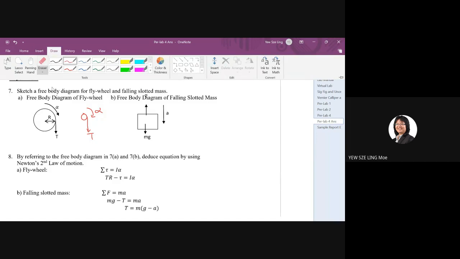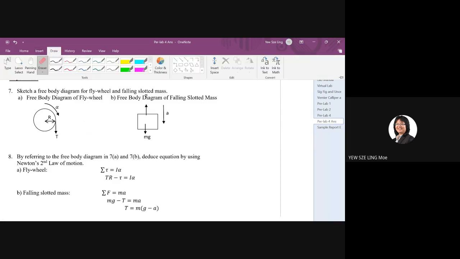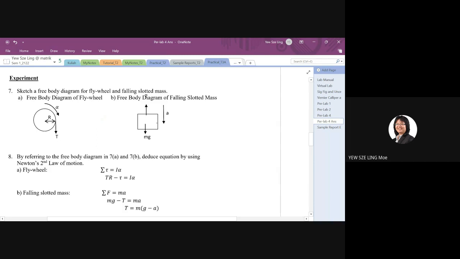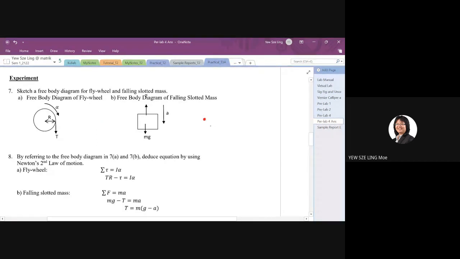And then for the free body diagram of a slotted mass, the diagram given in the answer scheme is slightly incorrect. You should use a dot to represent the object. In chapter 8, you can use a simple shape to represent the object because you are talking about rotation. You need to know the directions of rotation, so you need the shapes. But in chapter 4, we still use a dot to represent the object.